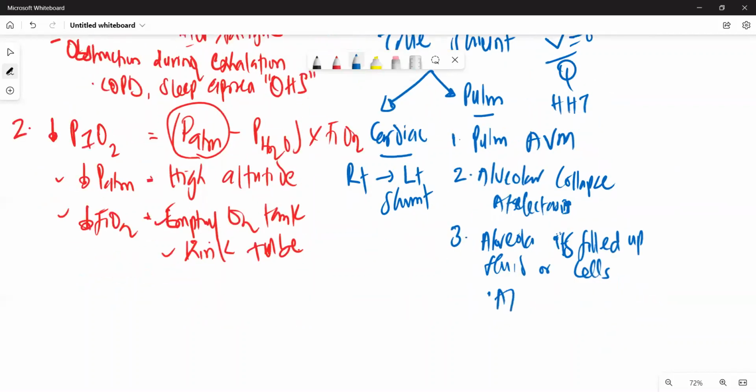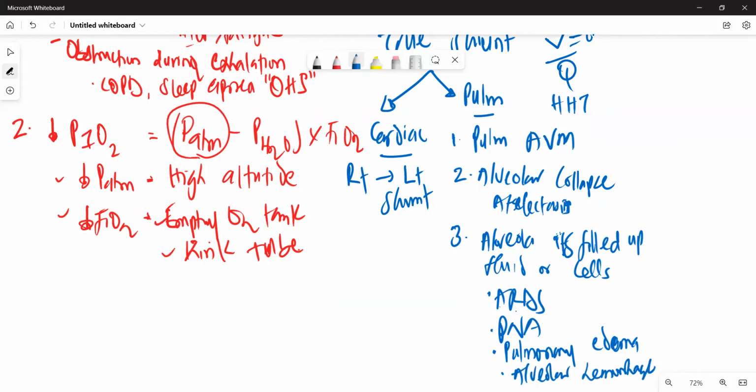An example of this could be ARDS, which is acute respiratory distress syndrome, whereby the alveolar are filled up with a lot of inflammatory cells, right? Another one could be a very bad pneumonia, whereby they also fill up with inflammatory cells and bacteria. It could be very bad pulmonary edema, whereby the alveoli are filled up with a lot of transudative fluid. And the last one could be alveolar hemorrhage, whereby the patient is bleeding into the alveolar, and that will also fill up the alveolar, and that can make the V become 0, right?